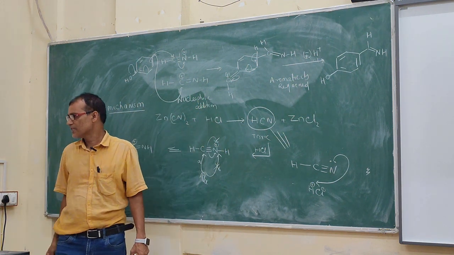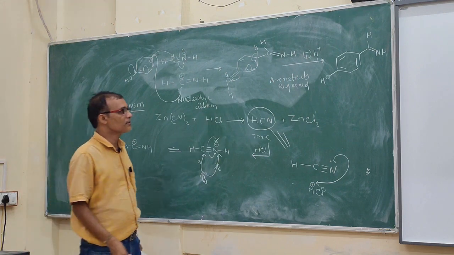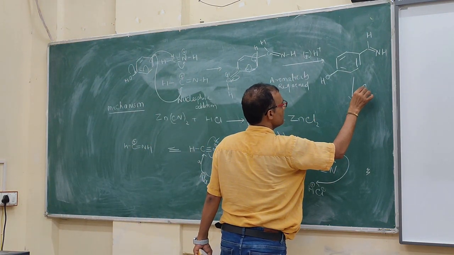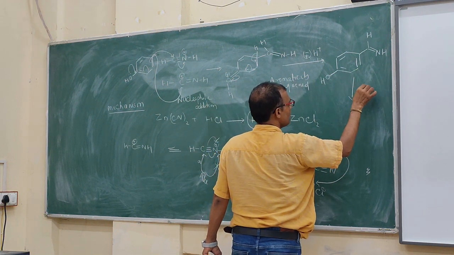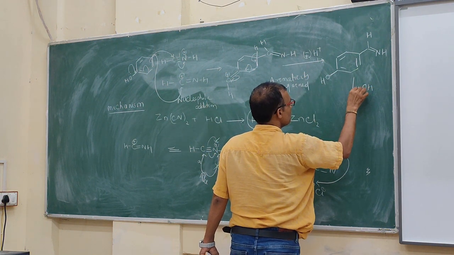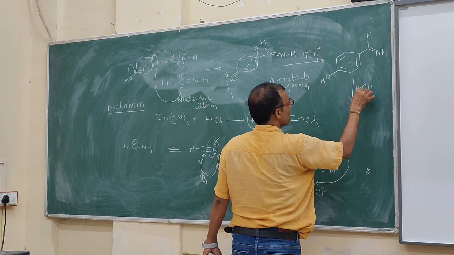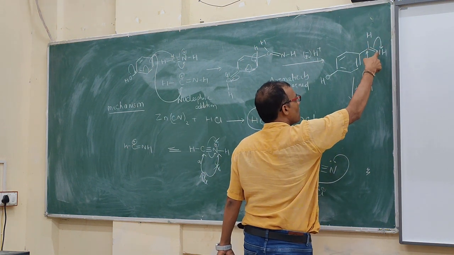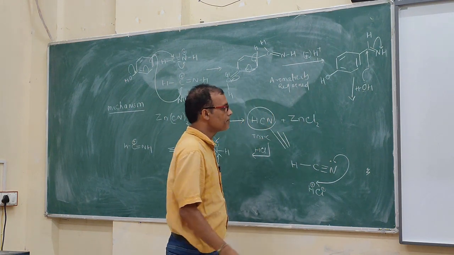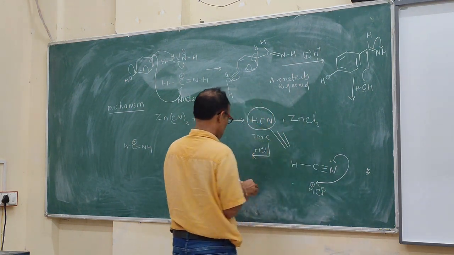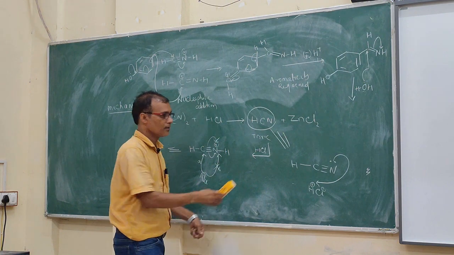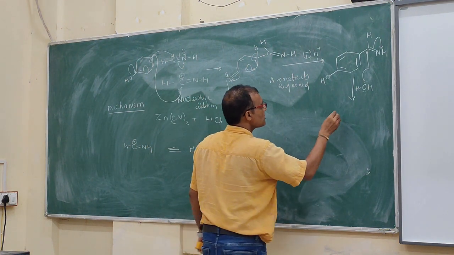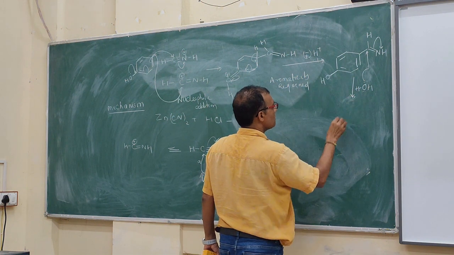Now the last step is hydrolysis. Hydrolysis means you have to add water, so HOH. So you have a lone pair of electrons here. So this is the electrophilic center, and the electrons will be localized to the electronegative nitrogen atom. So I think this is over. Okay.